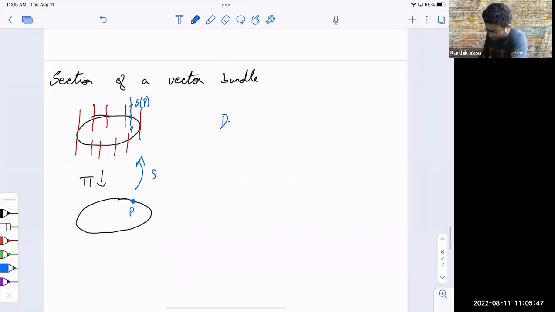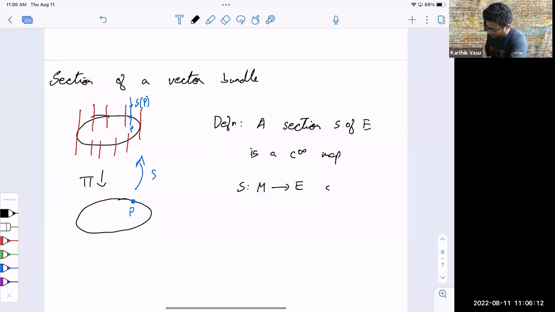So definition wise, a section is a C infinity map which goes from the base to the vector bundle, such that if I compose it with the projection, going up and coming down, from M to M, I need to have the identity map.